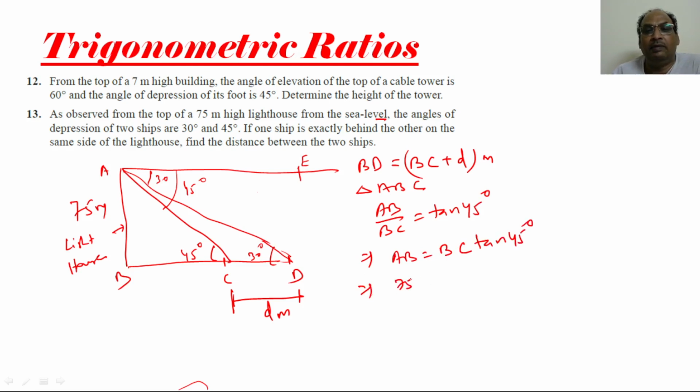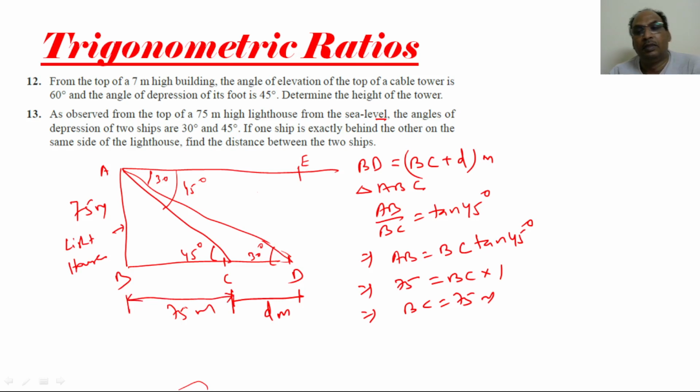AB is already given 75, BC into 1. So BC is equal to 75 meter. Right? Okay.